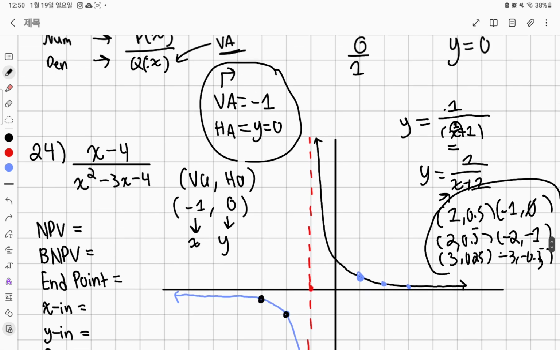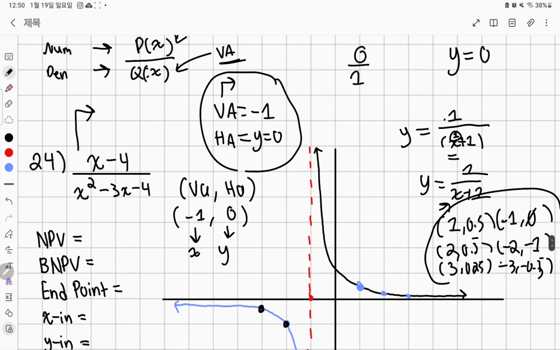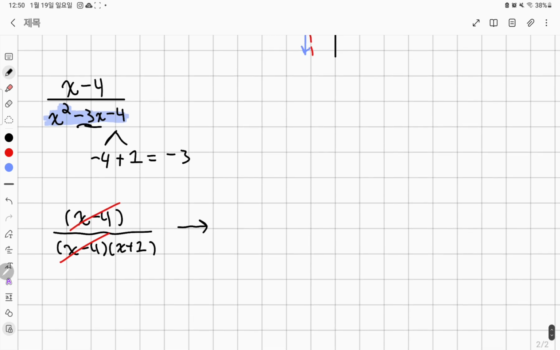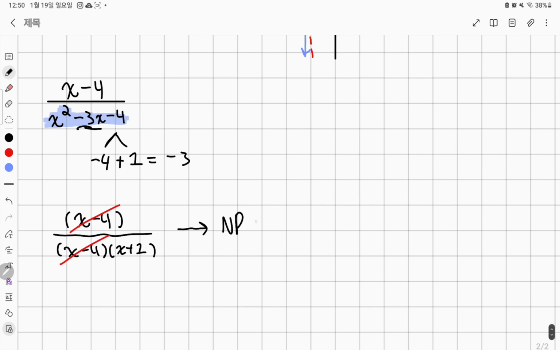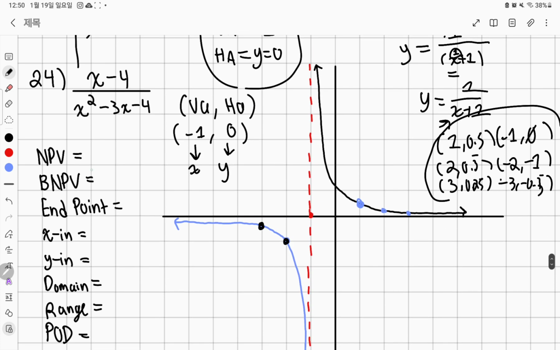You guys know the very first time when we canceled stuff, there was x minus 4 over x minus 4 times x plus 1. So the NPV, non-permissible value, is +4 and -1.